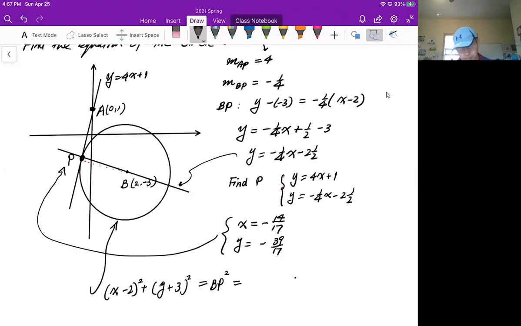We know B, we know P. So the x part will be 2 minus negative 14 over 17, take a square, and plus, for the y value, negative 3 minus negative 39 over 17, and take a square, right?